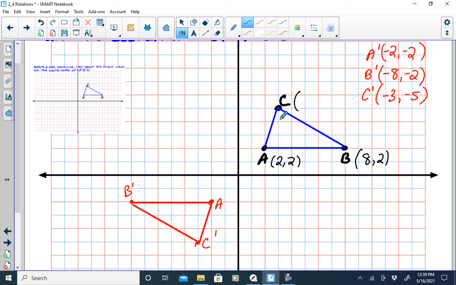C was located at 3, 5, and C prime is located at -3 and -5. Right? Do you notice anything about the original ordered pairs and the relationship to the image ordered pairs after a 180 degree rotation? Interesting.